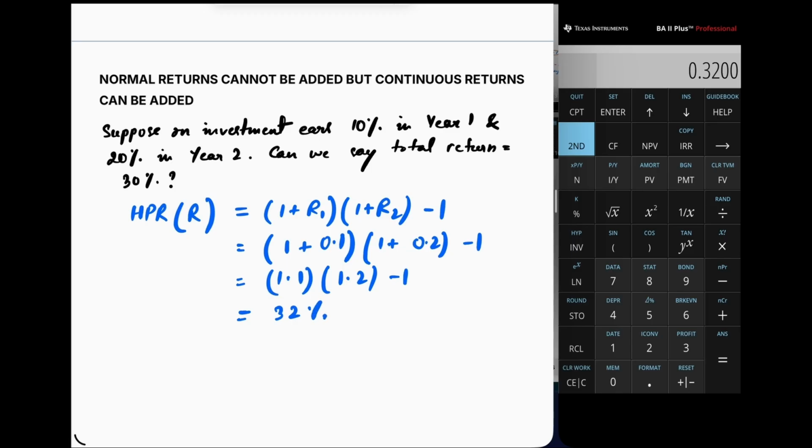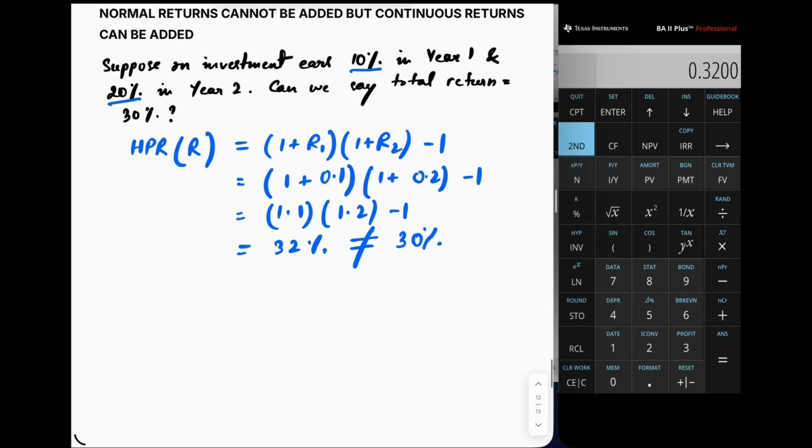So 32% is not equal to your 30% when you simply add these two figures. So this is wrong, right? You cannot add it. To validate this point, that this actually comes out to be 132, you can also do it the traditional way. Suppose you had $100 at the start, and in the first year there is a 10% gain.